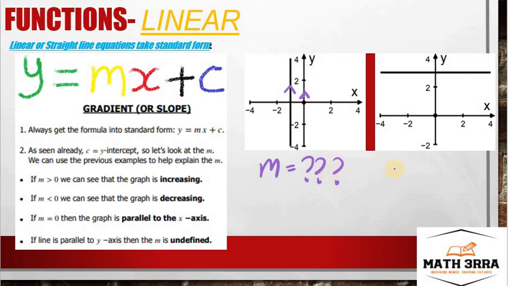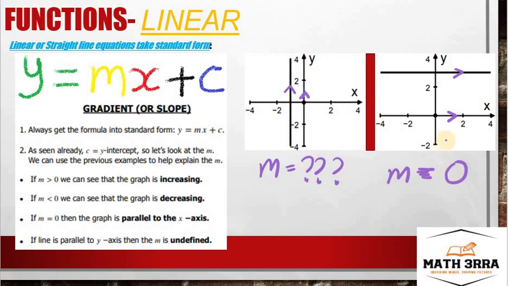That's that. Now I'm going to be switching to the scenario where the graph is parallel to the x-axis. When a straight line is parallel to the x-axis, its gradient is equal to what? 0. It's equal to 0. So to repeat, when a line is parallel to the x-axis, its gradient is equivalent to 0.